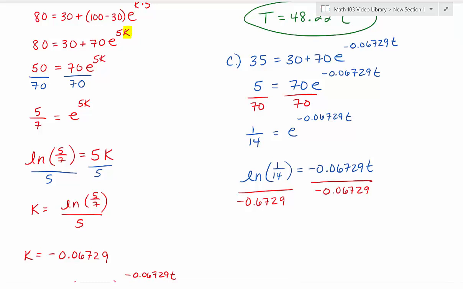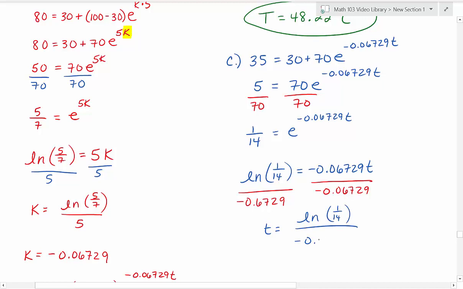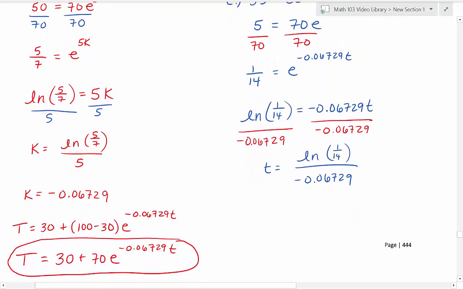We don't need to use change of base formula. t is going to be equal to the natural log of 1/14 divided by negative 0.06729. And we'll put this in our calculator, round to the nearest hundredth. We get t to be 39.22, and our unit is minutes.